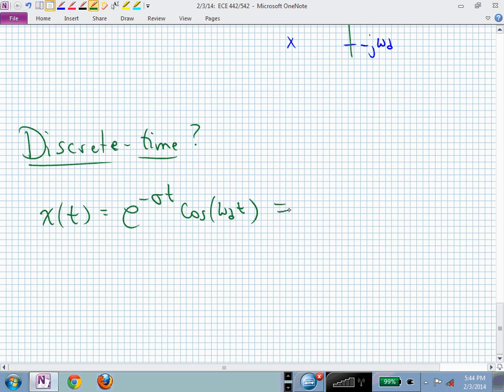rewrite this using Euler. Do you remember Euler? Euler's your friend. Well, maybe not in real time, but I don't know, maybe there's an Euler walking around, but not this Euler.